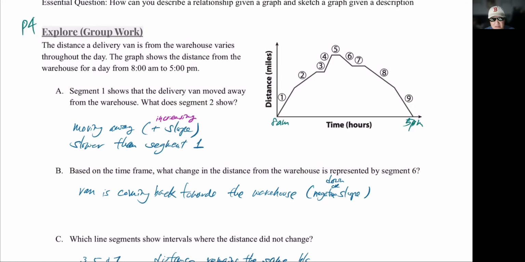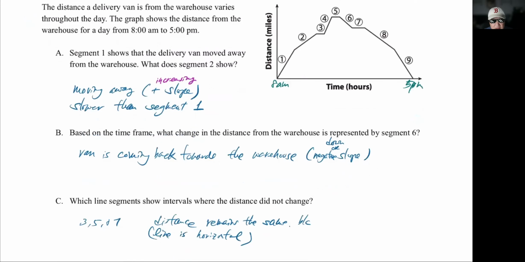B, the van is coming back towards the warehouse because you have to justify it. The y value is coming down, or the graph is pointing down, or we have a negative slope. Okay, and the C, which segments show intervals where this did not change?